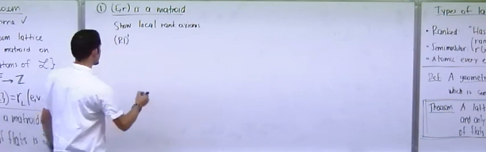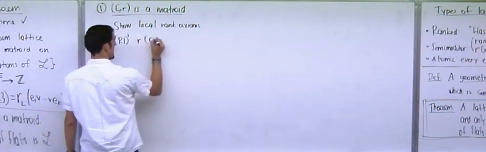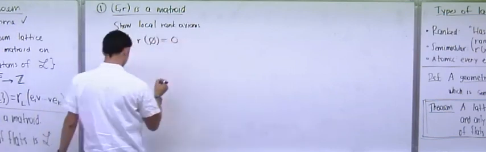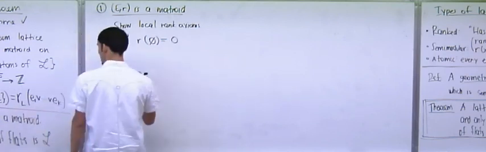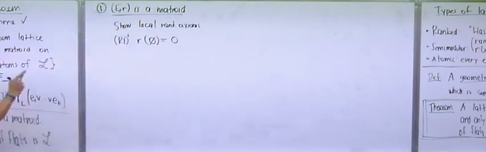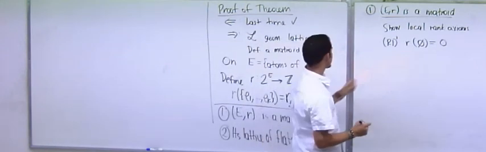So the first one, you're supposed to show that the rank of the empty set is 0. So what is the rank of the empty set? Actually, don't let me make this mistake that I made all over my notes, and I had to change all my notes. We're going to make this L curly, which I'm not used to doing. L is my geometric lattice, and this is the lattice rank function. So what is the rank of the empty set? The rank of the empty set is the rank in the lattice of the empty join.